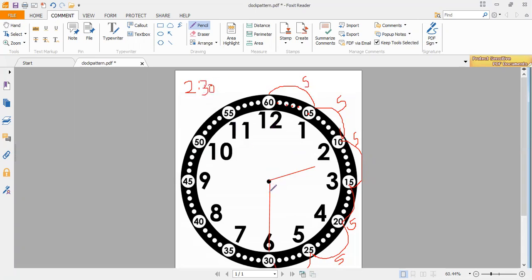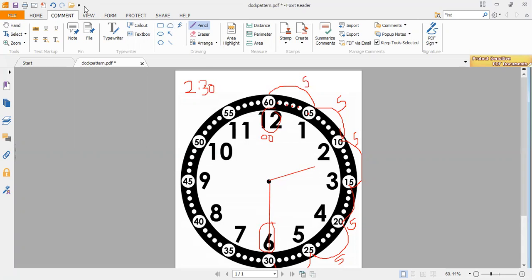So if the minute hand moved, that means I will skip count by 5 starting from 12 until I get to the minute hand. To make it easy, we know that 12, read it as o'clock, and if you want to write the minutes for the 12, it will be two zeros. The 6 here always means 30.